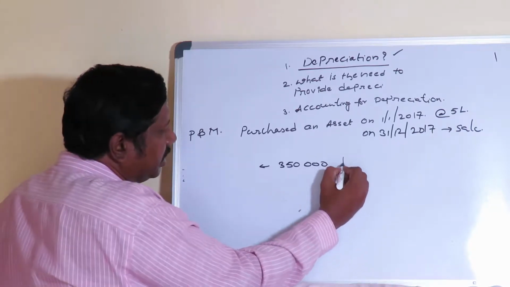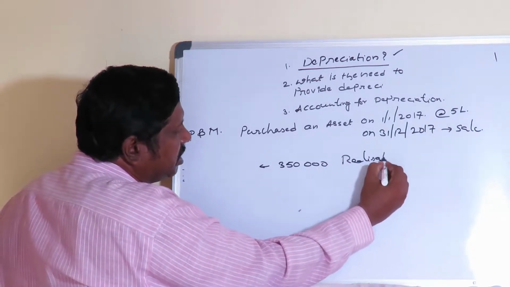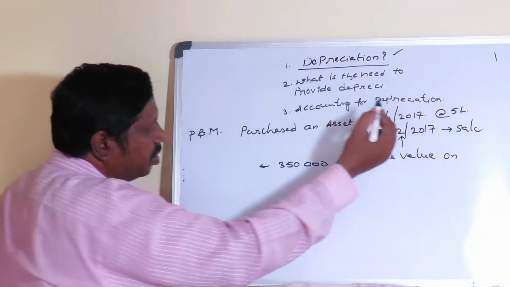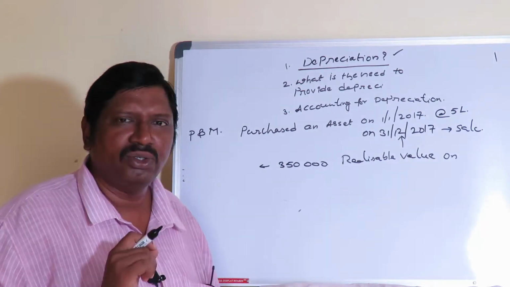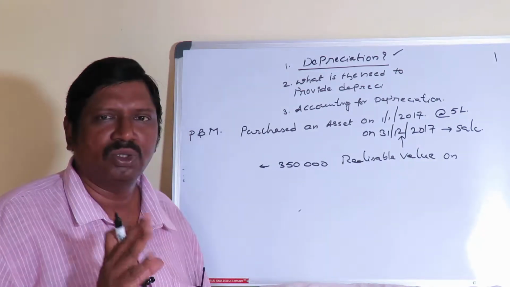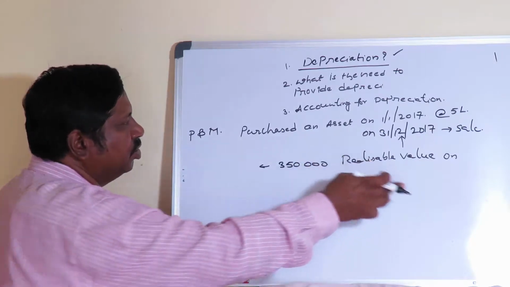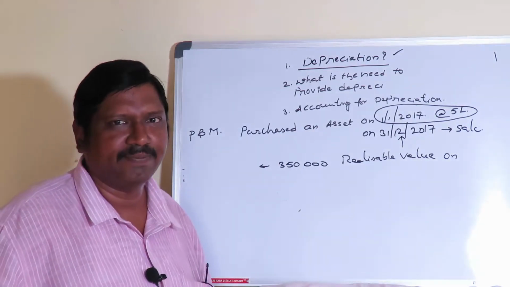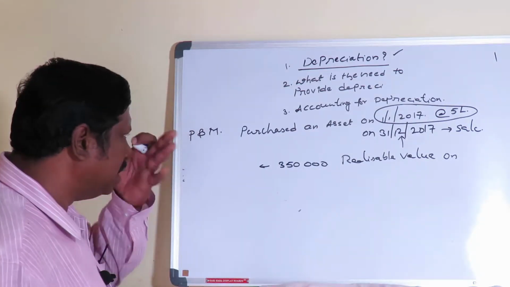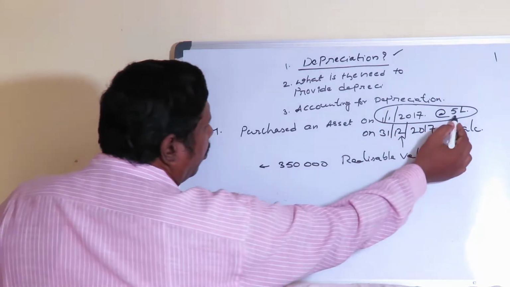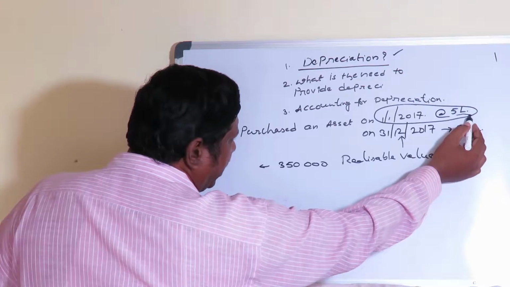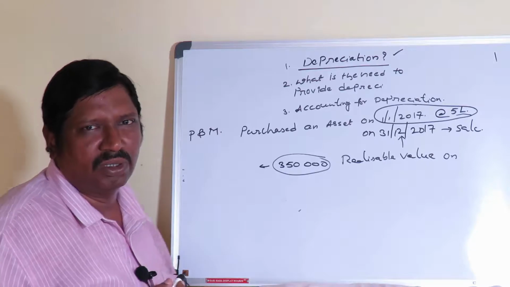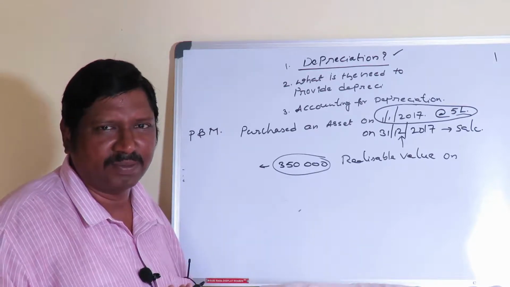3,50,000 rupees may be the realizable value on 31st December 2017, for which you incurred 5 lakhs to purchase the same. That means the asset that you purchased at 5 lakh, you are now getting only 3,50,000 rupees on resale of the same.